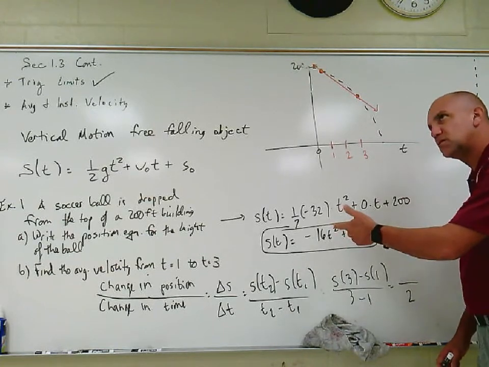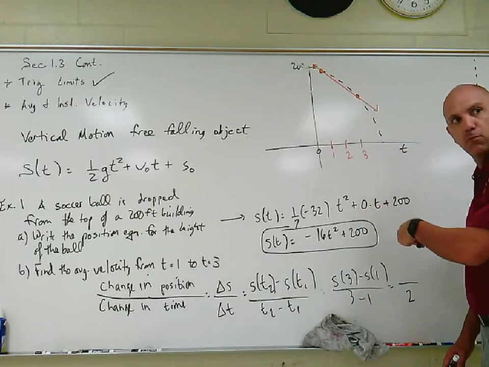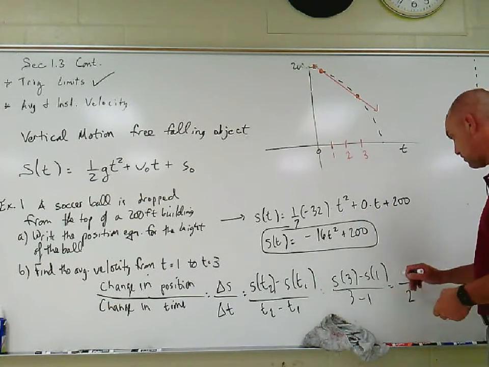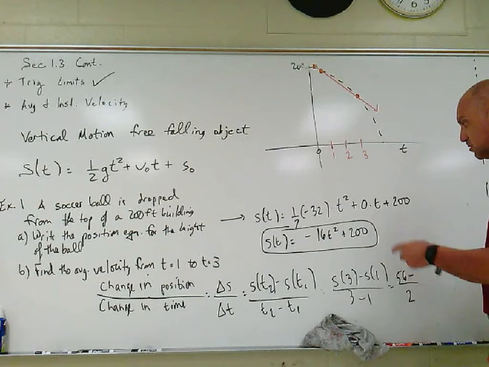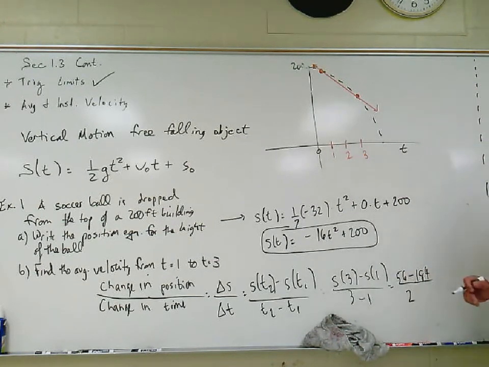So 9 times 16 plus that 144, negative 144 and 200. So you should have gotten 56, right? 56 minus S of 1 is 184. So I got negative 128 over 2. I got negative 64, and that would be feet per second.